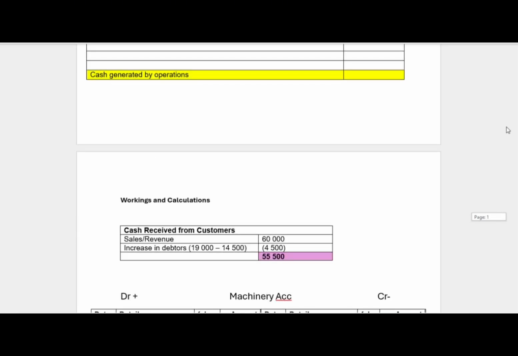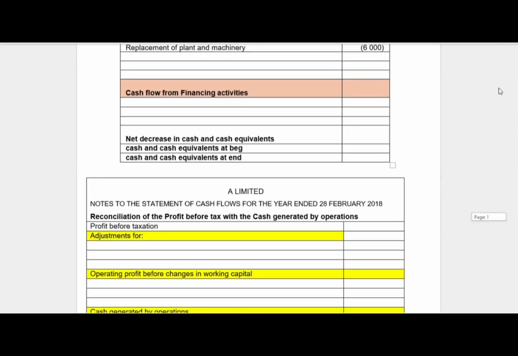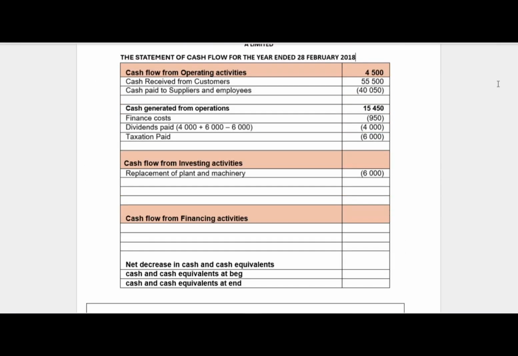So according to transaction number 2, if you remember. All right, so we are going to say proceeds. Remember, replacement is an outflow, proceeds an inflow. So proceeds from sales of plant and machinery.